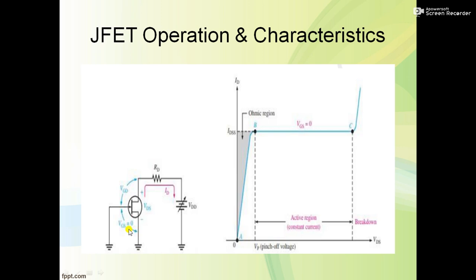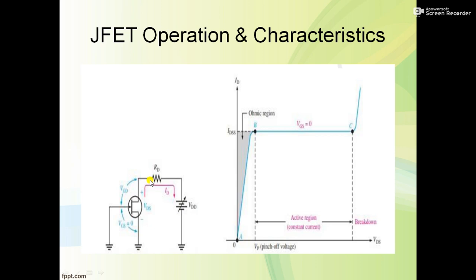VGS is equal to 0 volt, and this is VGD, the voltage between gate and drain, and this is RD, the drain resistance, with the voltage across drain and source.